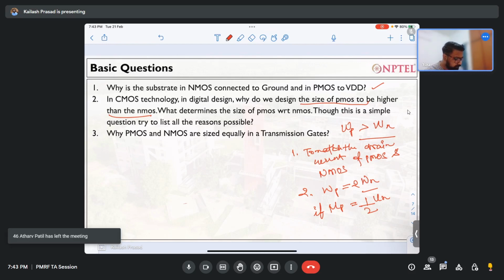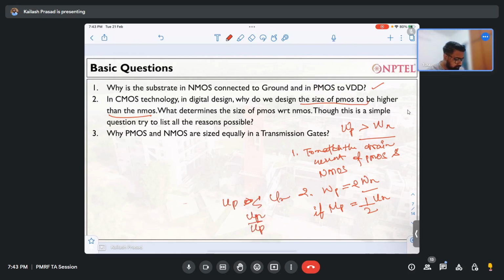So mu N by mu P can vary from 1.4 to 3. The technology we currently use, the mobility ratio over there is 1.4, and the other technology which I use, their mobility ratio is actually 2.2.